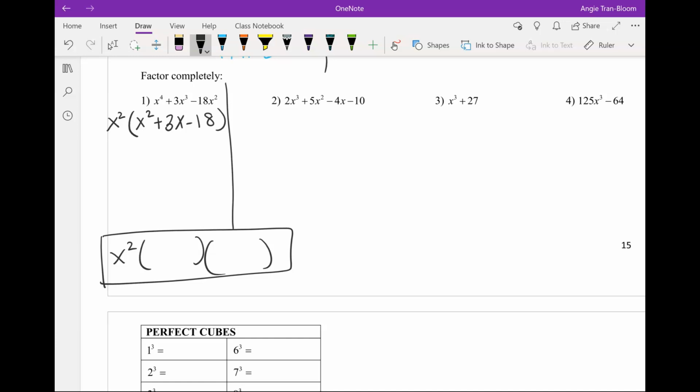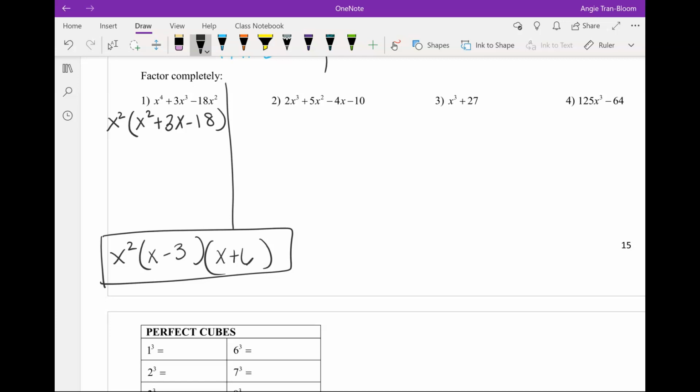Oh, we got x squared, x minus 3. That's what we're doing. x squared times x minus 3 times? x plus 6. x plus 6. Okay. Kenzie, did you agree with Nathaniel? Okay. All right, number 2.